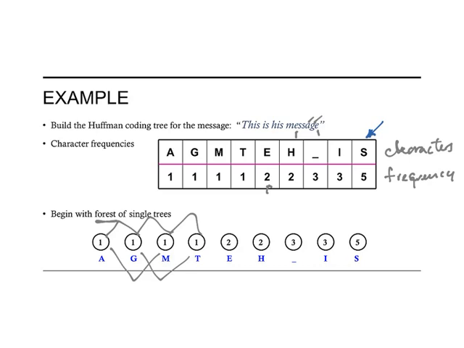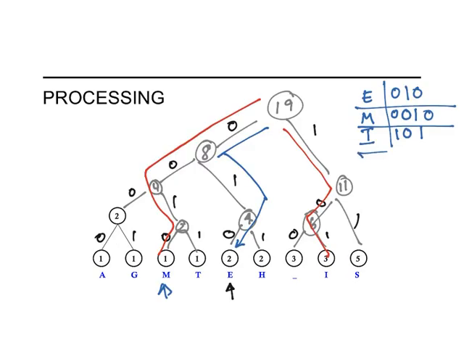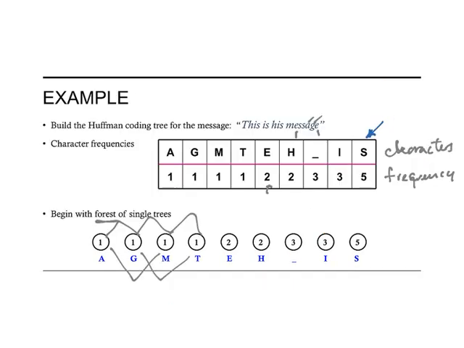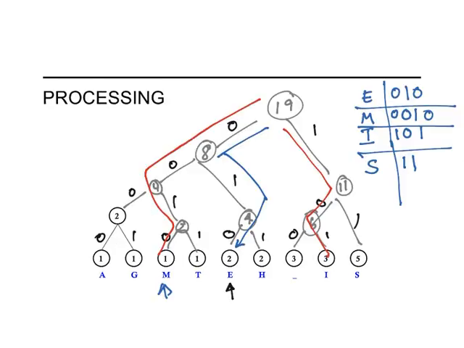So let's see what happens with the S. In order to go to the S, we will go 1 and 1, so it's length 2. The next ones were with 3, both I and the blank.